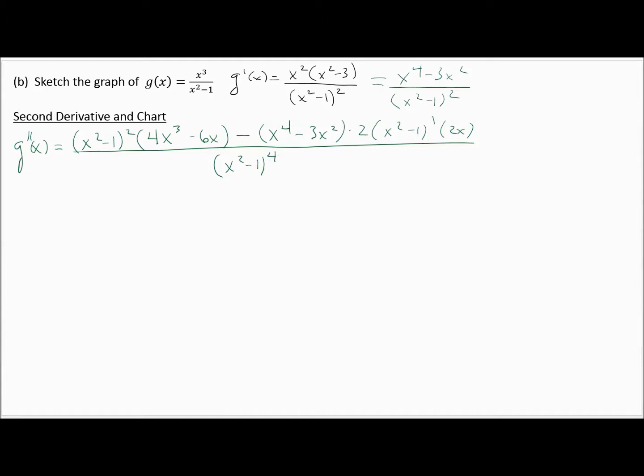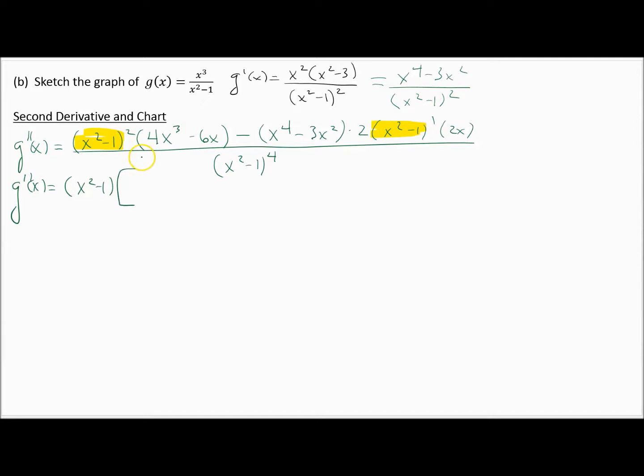Now you'll notice in the numerator, I have greatest common factor going on. I have an x squared minus 1 here, and an x squared minus 1 here. I could pull that out, and that would help some. Maybe it'll help a great deal. Let's see. So g double prime of x is equal to x squared minus 1, just one of them.